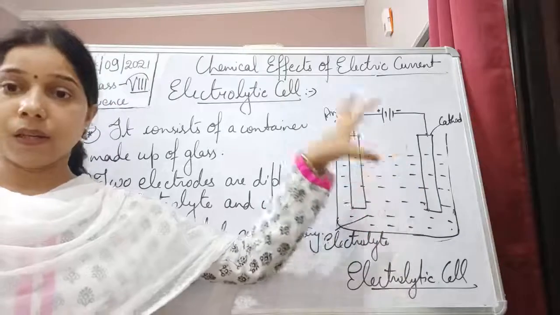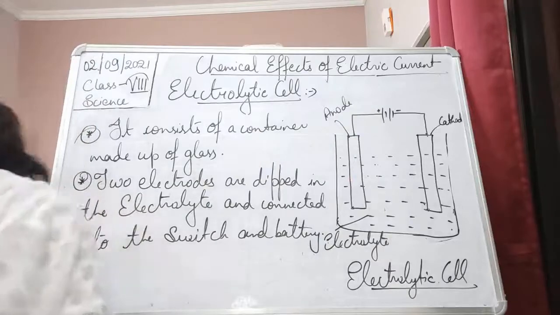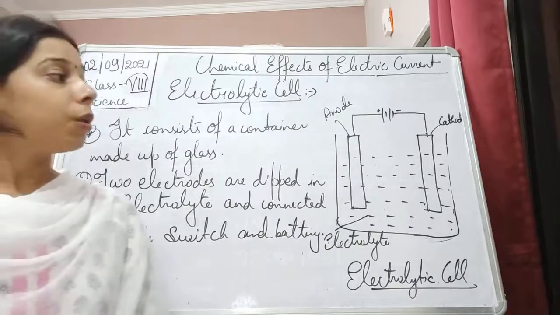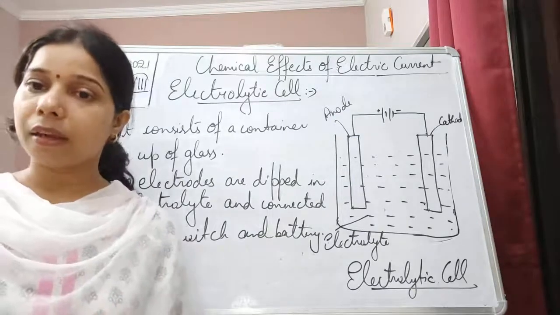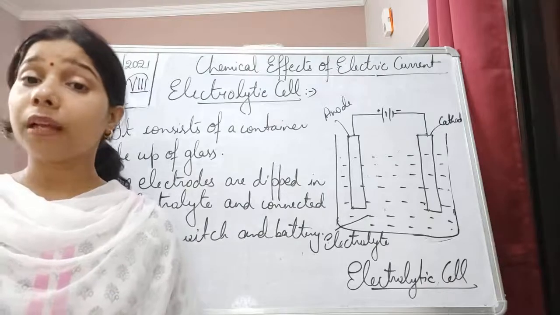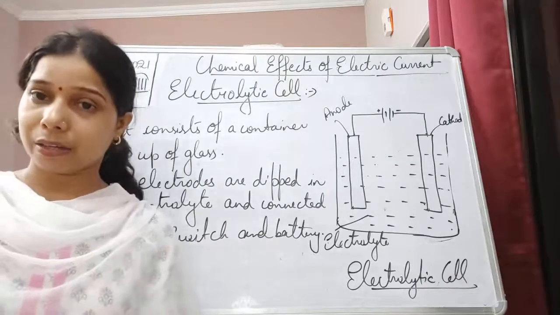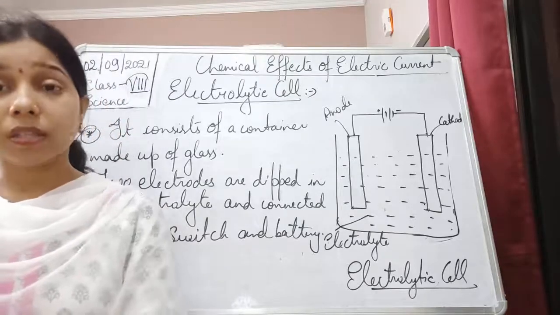Now the electrolyte will get dissociated into charged ions, and these ions will help the current to pass through it. Generally, the molecule of the electrolyte gets broken down into a positive ion and a negative ion. The positive ion will start moving to the negative electrode, and the negative ion will start moving towards the positive electrode.